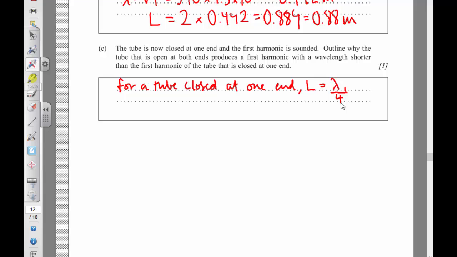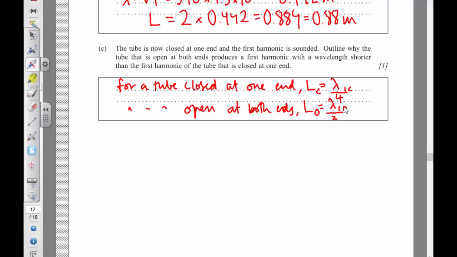And then for a tube that is open at both ends, L is equal to lambda 1 over 2. We'll call these LC and LO, and lambda 1 closed and lambda 1 open.